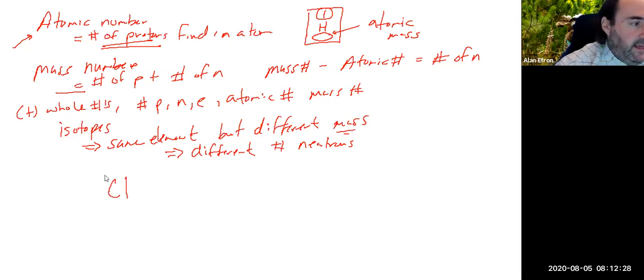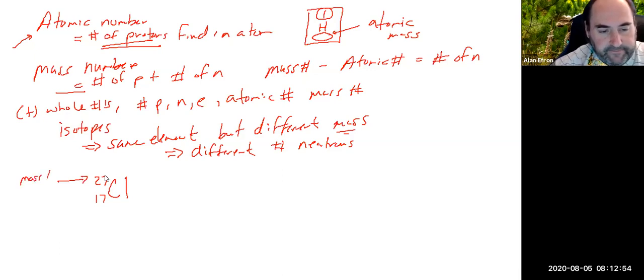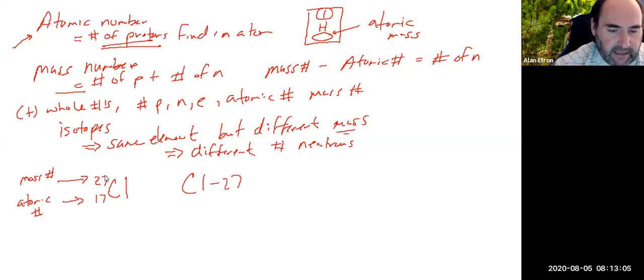So like, we could do chlorine, and on the bottom left is where we put the atomic number. The atomic number for chlorine is 17. And say we had, we'll go with 27, to make the math easy. Up on top is where we put the mass number, and the bottom number is our atomic number. Sometimes these are also written like Cl-27, this being our mass number in this form.